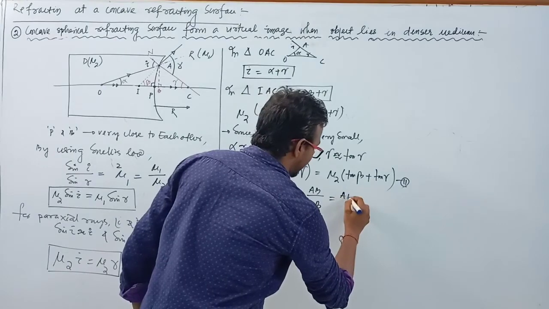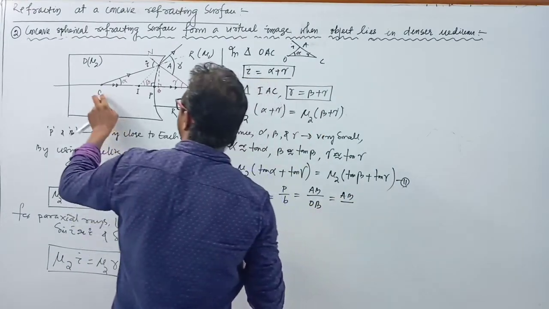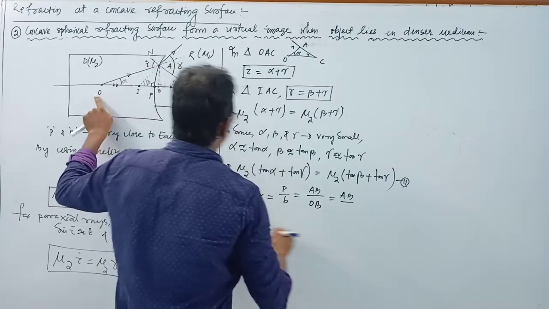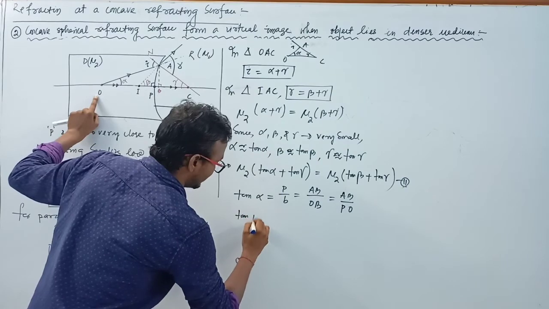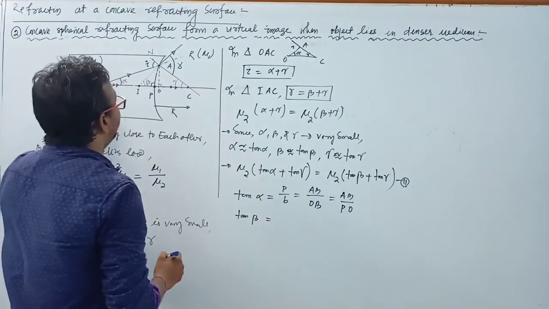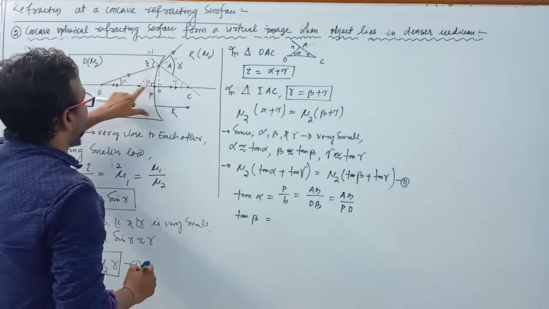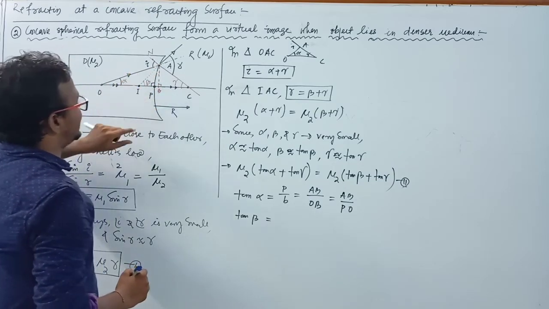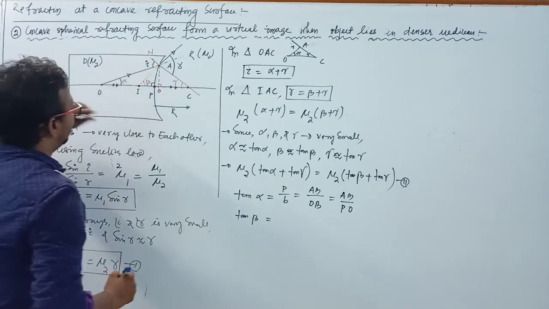So we can write that tan alpha is AB divided by OB, and the value of OB can be written as OP, that is PO. So we can write PO. Again, that is tan beta, and for the value of tan beta, look at triangle IAB. In right angle triangle IAB, beta is the base angle, AB is the perpendicular and IB is the base.